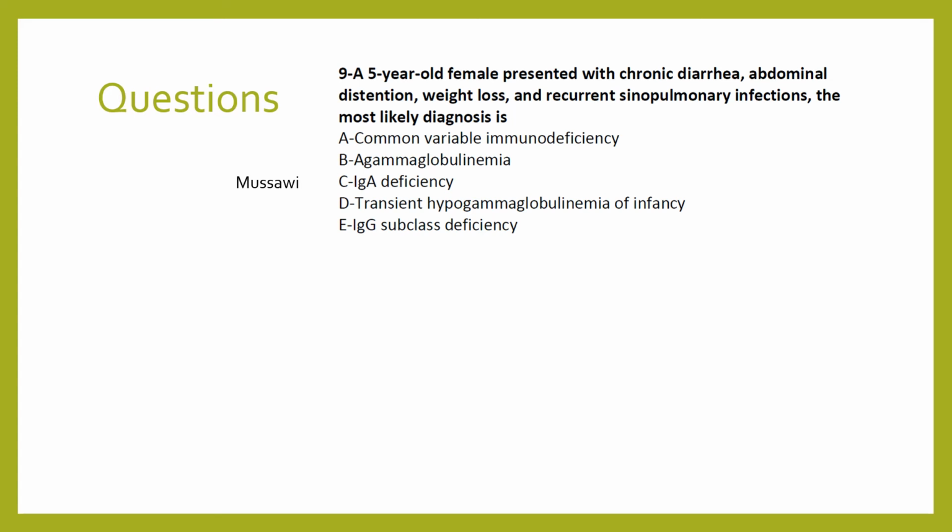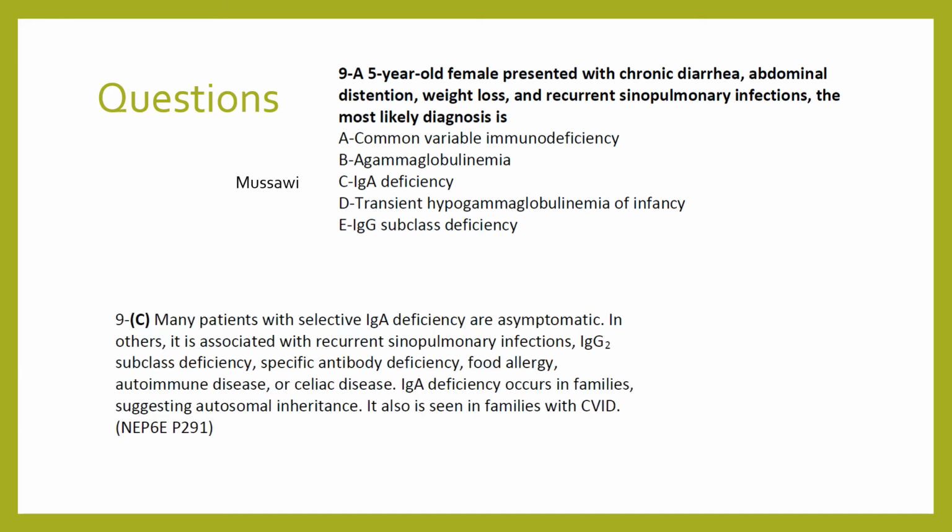Next, a 5-year-old female presented with chronic diarrhea, abdominal distension, weight loss, recurrent sinopulmonary infection. The most likely diagnosis is, of course, C, IgA deficiency. Many patients with selective IgA deficiency are asymptomatic.